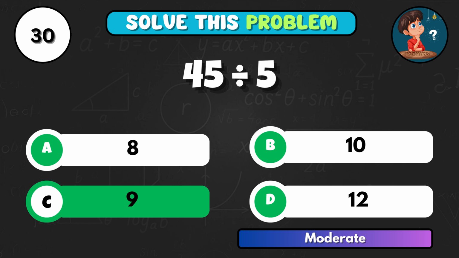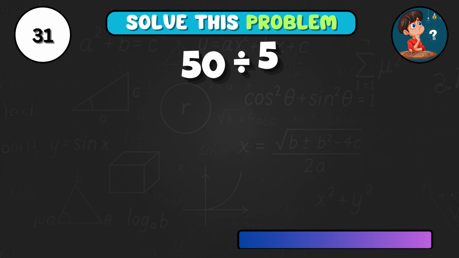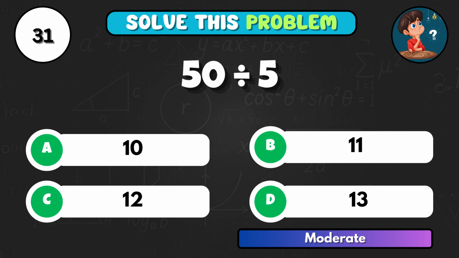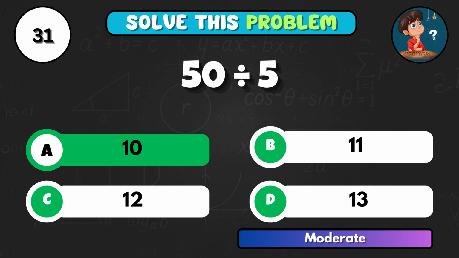That makes it C, 9. 50 divided by 5 equals? You get A, 10.